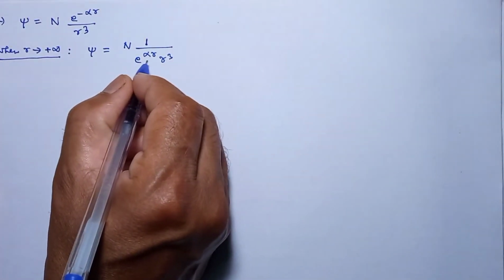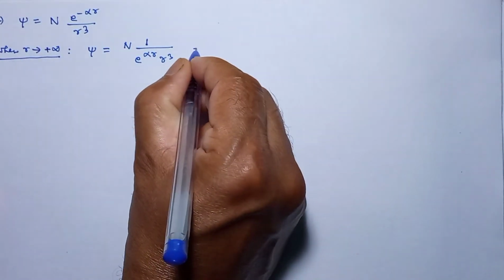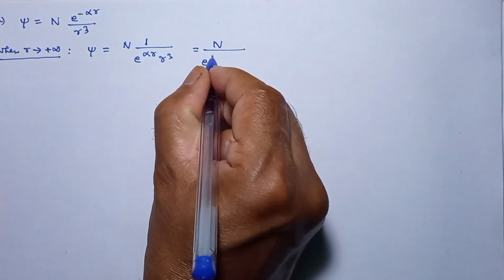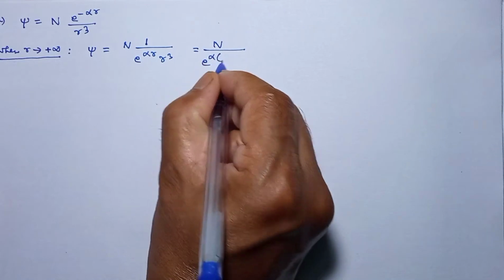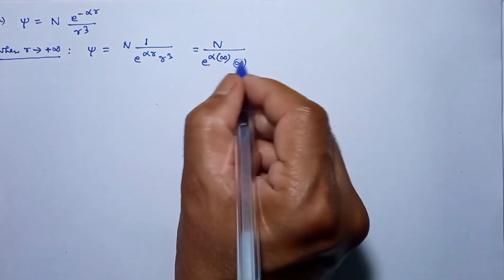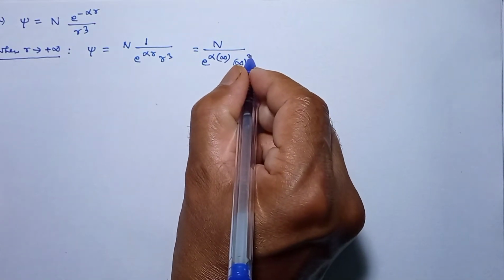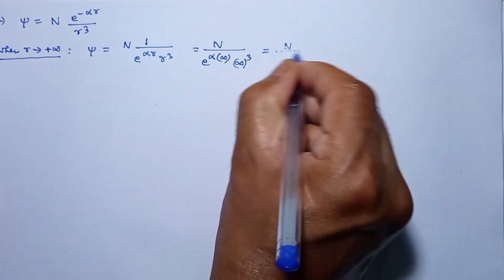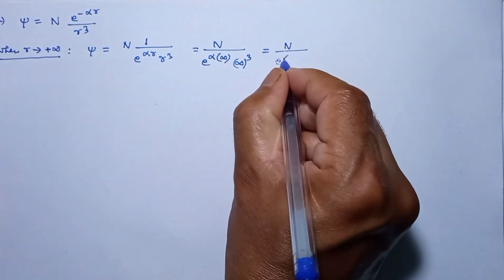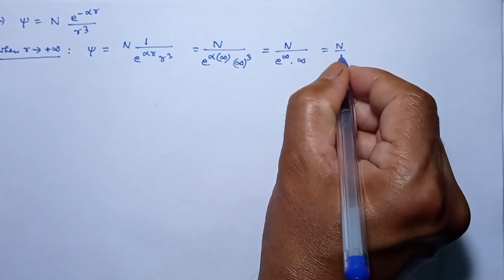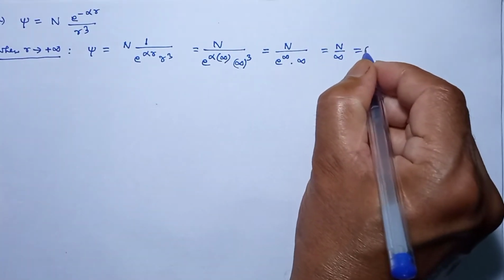So when r tends to infinity, it becomes N upon e raised to alpha times infinity, and r cube becomes infinity to the power 3. So it becomes N upon e raised to infinity times infinity, or N upon infinity, it means it is 0.